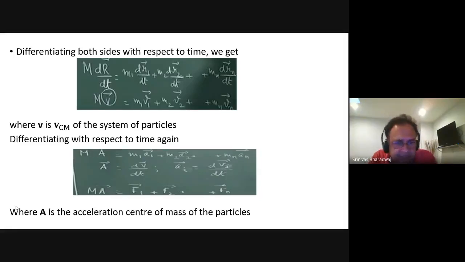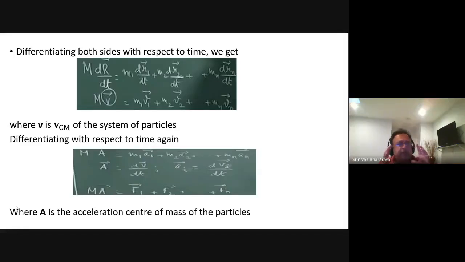The forces internally get cancelled. They may hit each other and fight amongst themselves, but the forces internally are going to get cancelled because of Newton's third law. Every action has an equal and opposite reaction. A applies a force on B, B applies a force on A. If you count both the action and the reaction, all those internal forces will get cancelled.